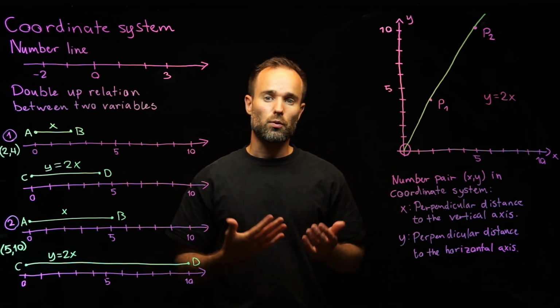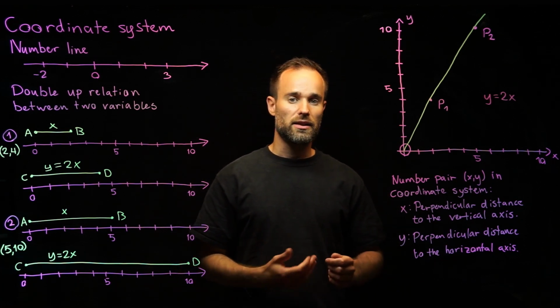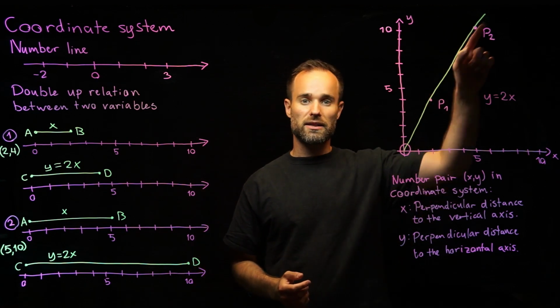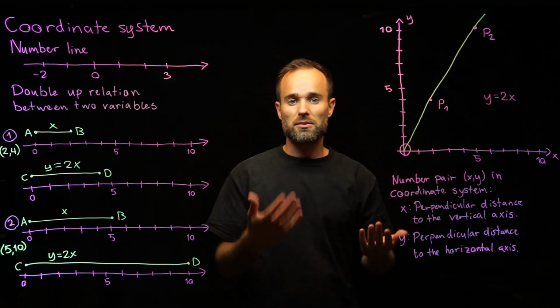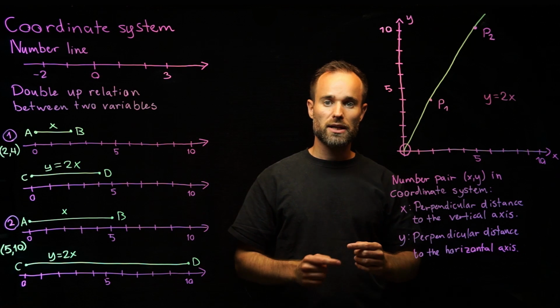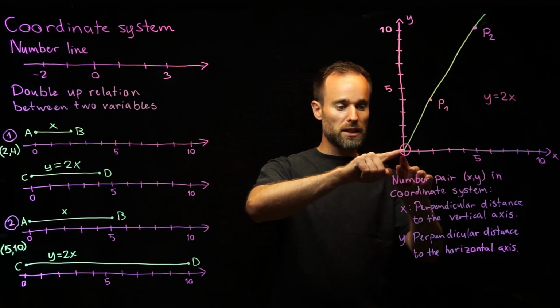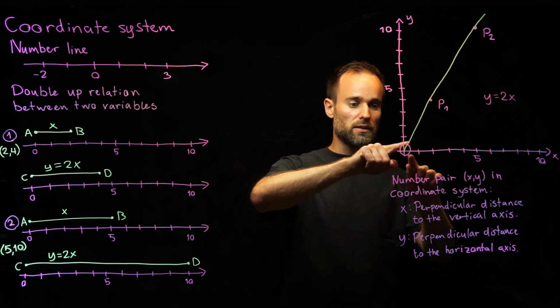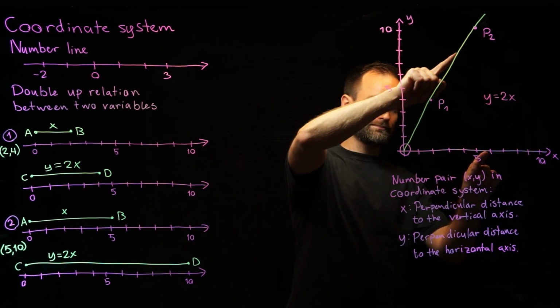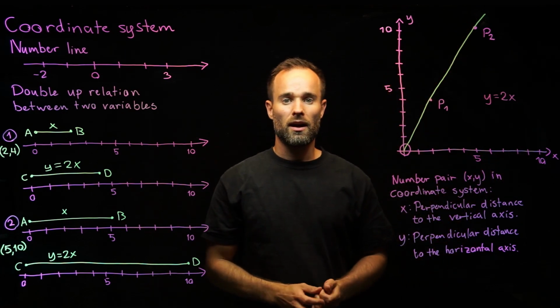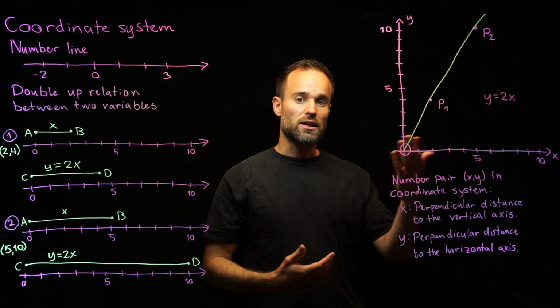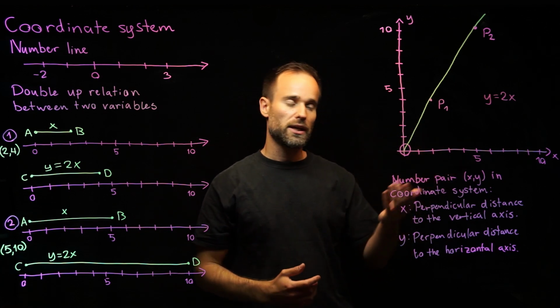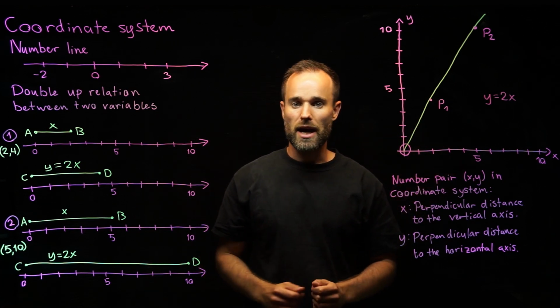The relation y equals 2x then is represented by this line, which comes about if we let a point trace a path as B moves along the horizontal axis. The path is the graph or the plot of the relation y equals 2x.